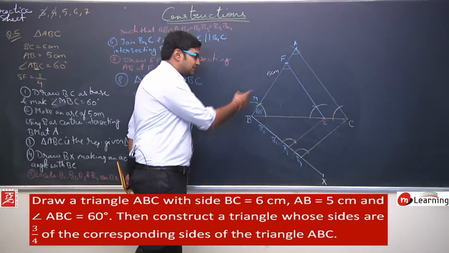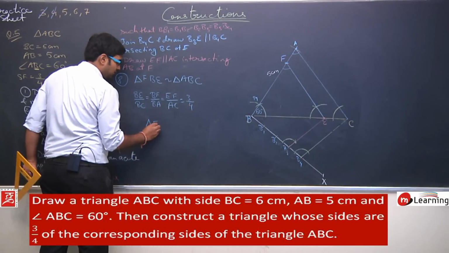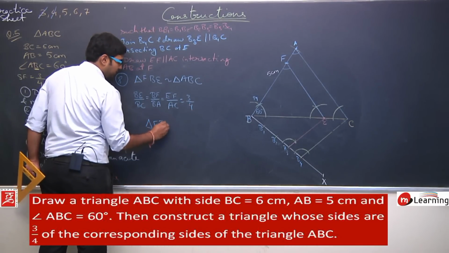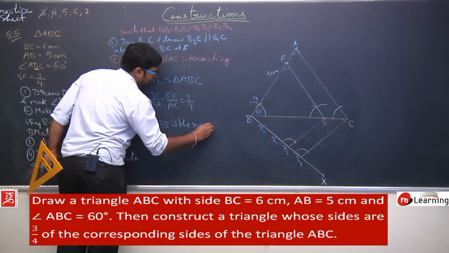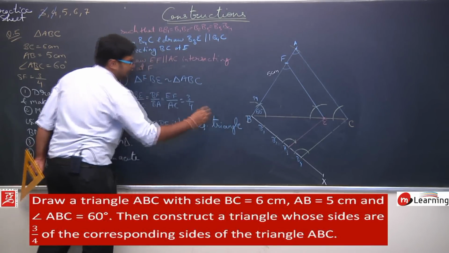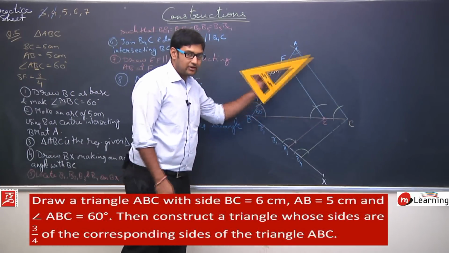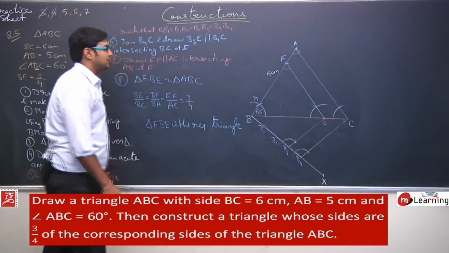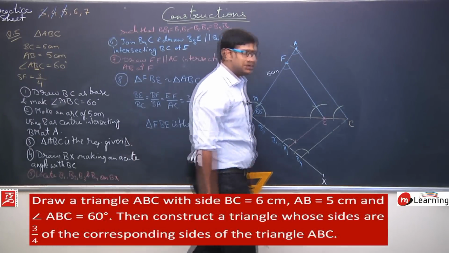You will find that this length is 3 by 4. So I will say triangle FBE is the required triangle. In this way I have made the required triangle, that is a triangle similar to the given triangle ABC. So this completes question number 5. Interesting question, note this.